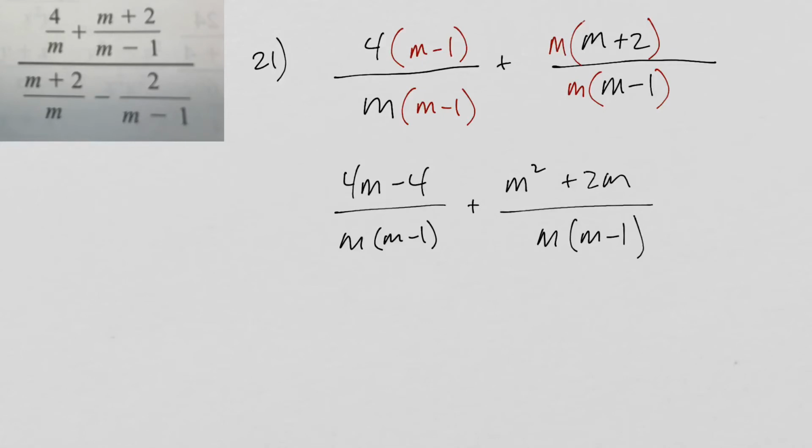So combining the numerators, we're going to have m squared plus, well, 4m plus 2m is 6m. And then we'll have minus 4 over this denominator. And that's simplified. We're not going to be able to simplify it any further. So that's number 21.